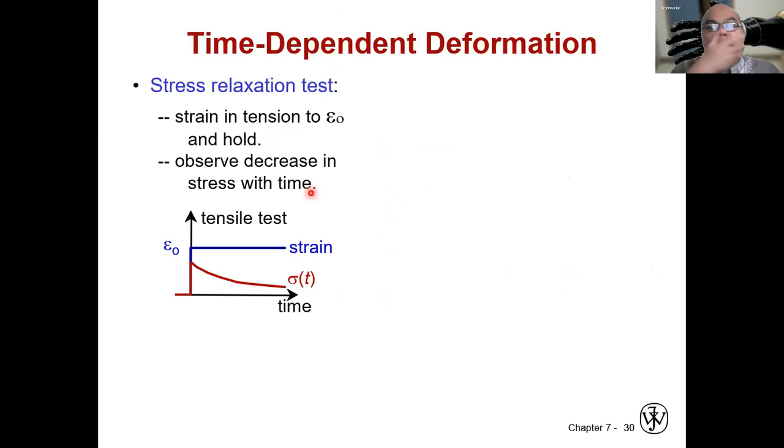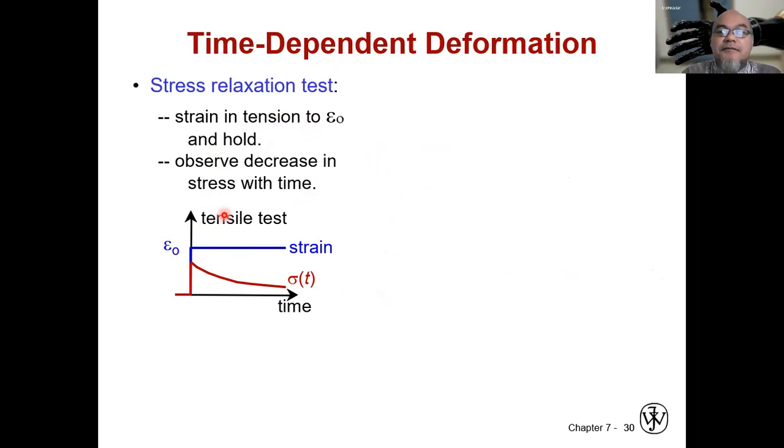There's also time-dependent deformation, meaning it depends on time. In a stress relaxation test, the strain is stretched to epsilon 0, and we hold it. However, the stress will not be the same.